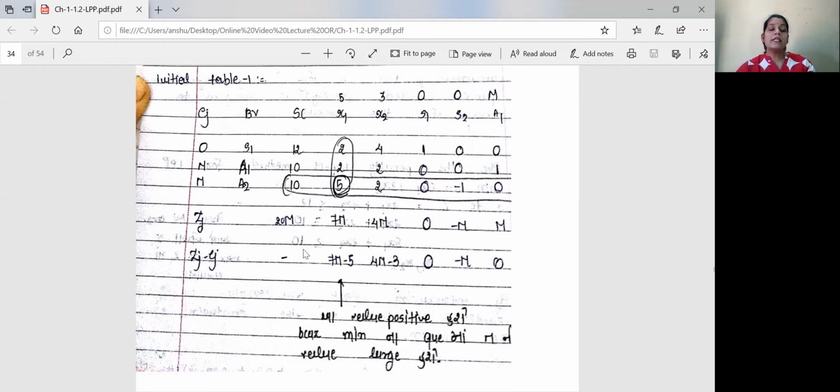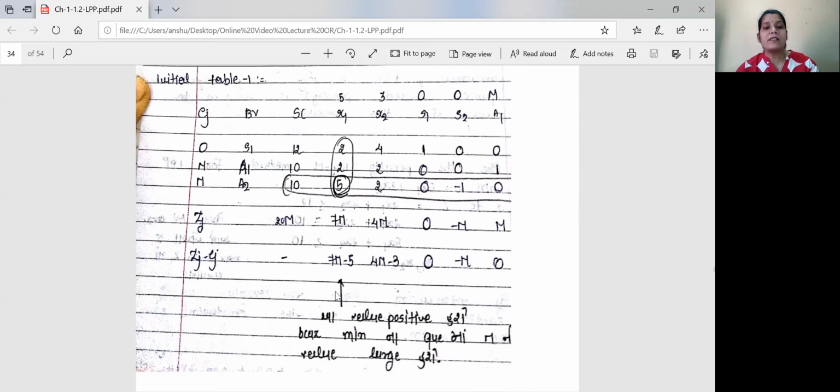So in our simplex method, we enter one variable and leave another variable. So what is the entering variable? The largest value with a positive sign.